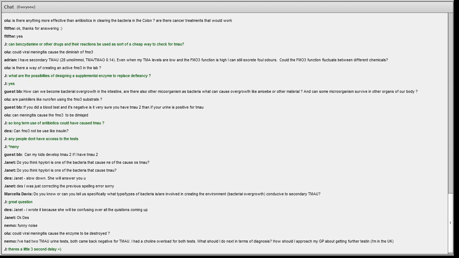So having a little FMO may not actually influence the metabolism of the drug that much, because you've got your P450s backing you up. I suppose where you would get into a problem is if one of your P450s also had a problem, and then the two would both not be doing the job properly, and then you might have a problem.